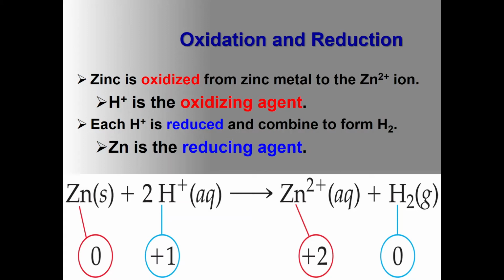So its oxidation number is reducing from +1 on each atom to 0. So H plus is the oxidizing agent, while zinc is the reducing agent. So let's do another example.